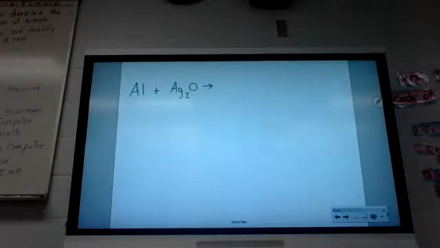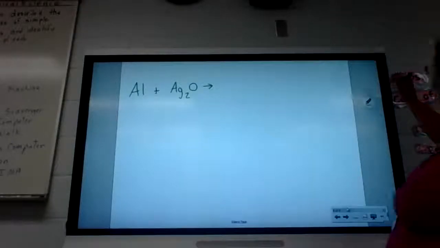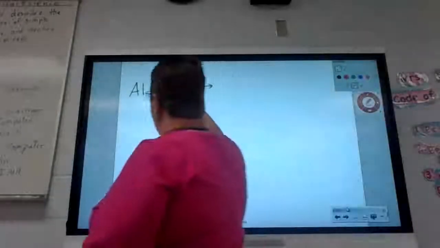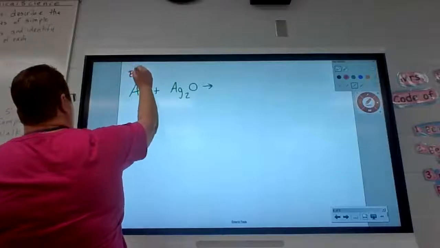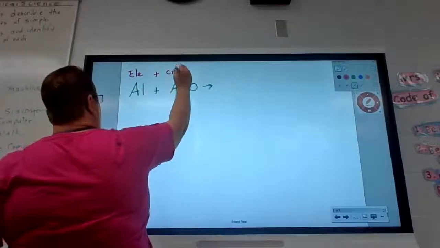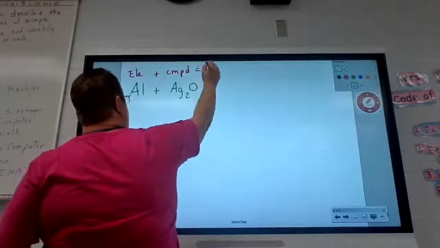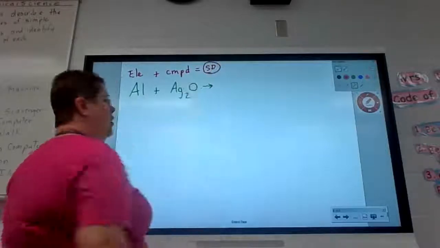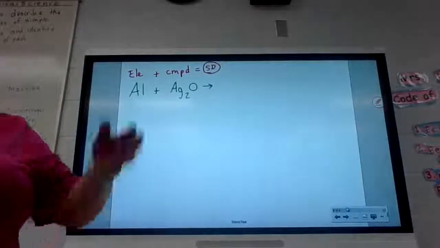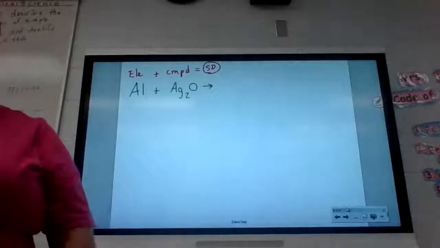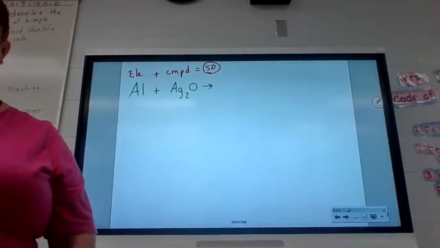So, Zaya said it's a what plus a what? It's an element and a compound. So as soon as you look at this on the test, in your head, you have to be able to say, this is an element, this is a compound. So that says single displacement in your head. Okay? That needs to process. Everybody good with that? Okay.